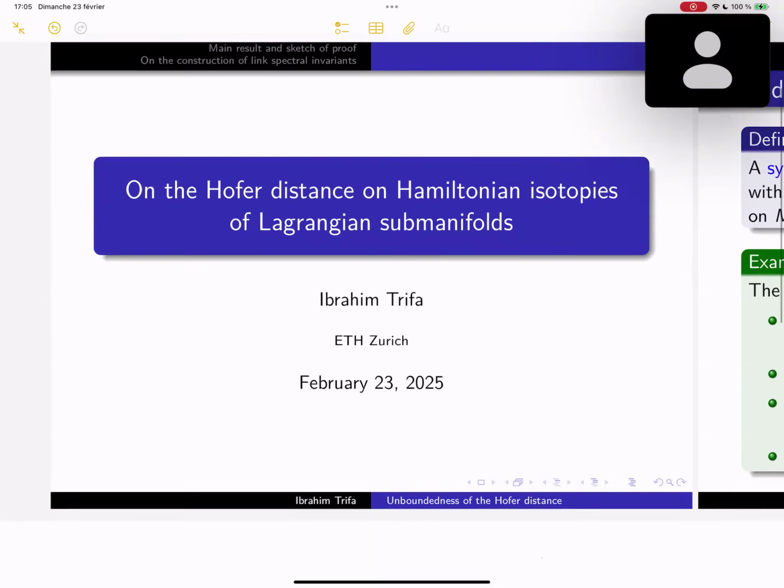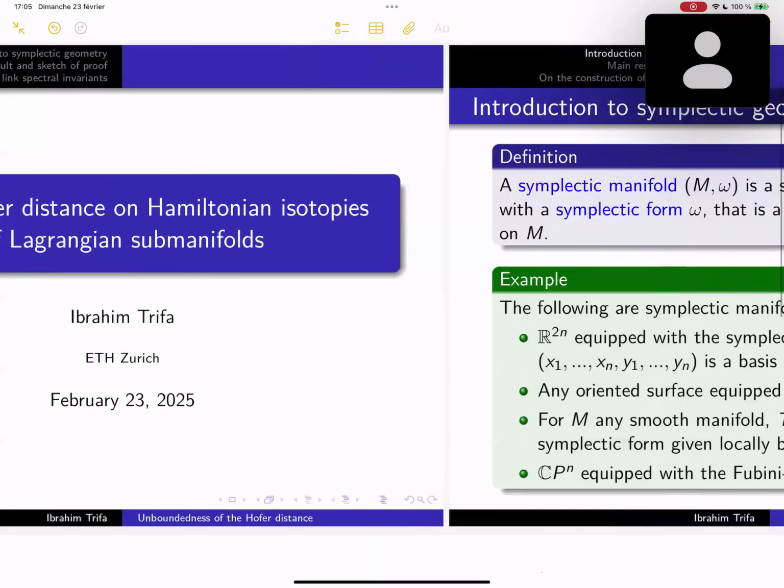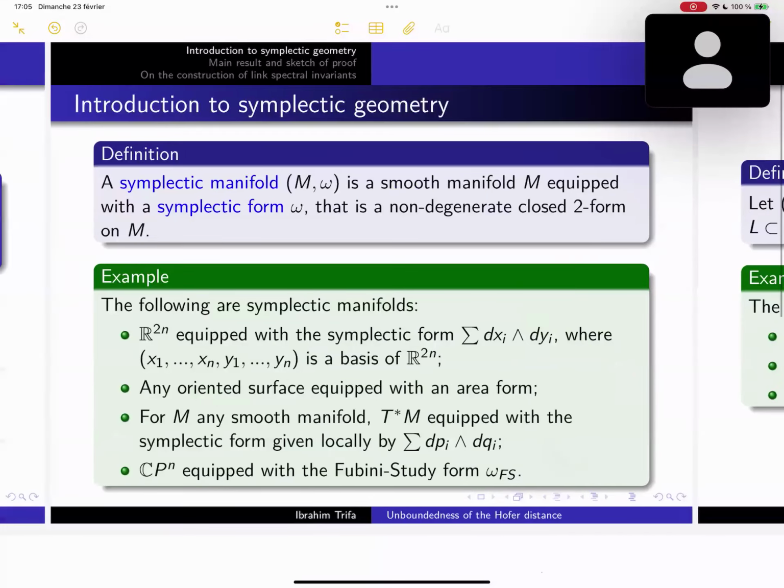So let's start with some definitions of symplectic geometry. A symplectic manifold is a smooth manifold M equipped with what we call a symplectic form, omega, which is a non-degenerate closed two-form on M. Here closed means that d omega is equal to 0.